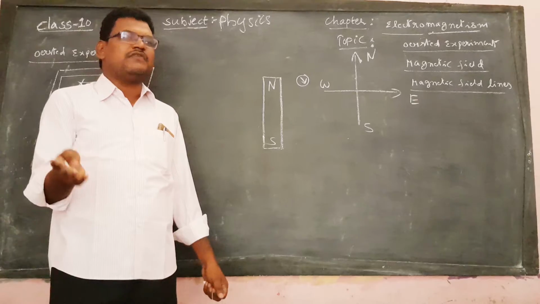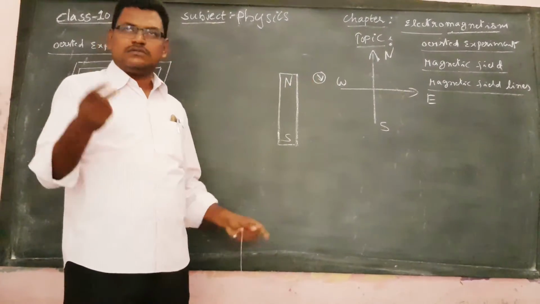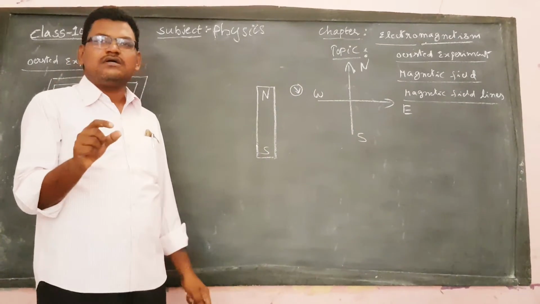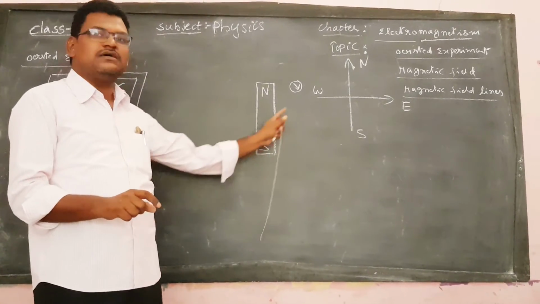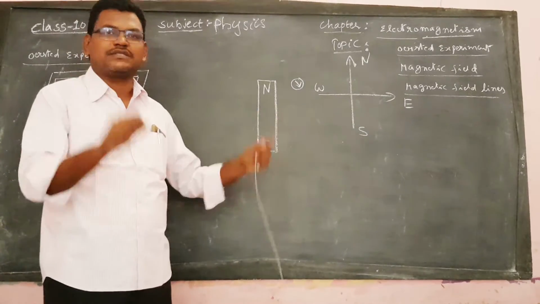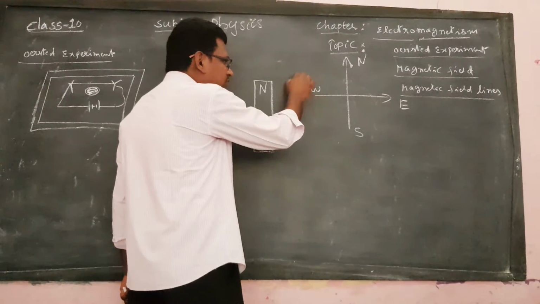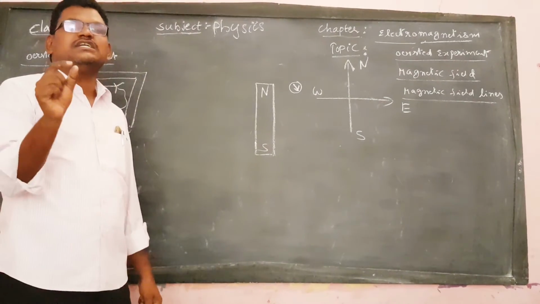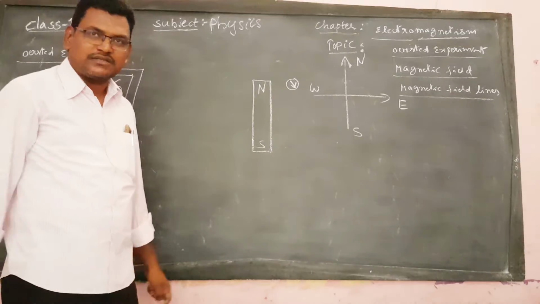Otherwise, if we don't neglect it, there is a resultant magnetic field due to the magnet and the earth, and the magnetic needle shows the direction of that resultant magnetic field.